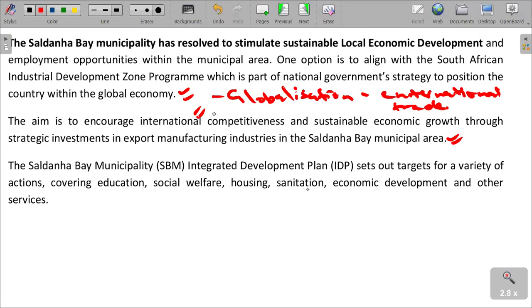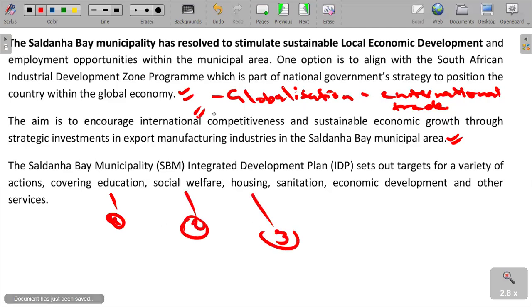So the South Bay municipality integrated development plan sets out targets for a variety of actions covering education, social welfare, housing, sanitation, economic development, and other services.